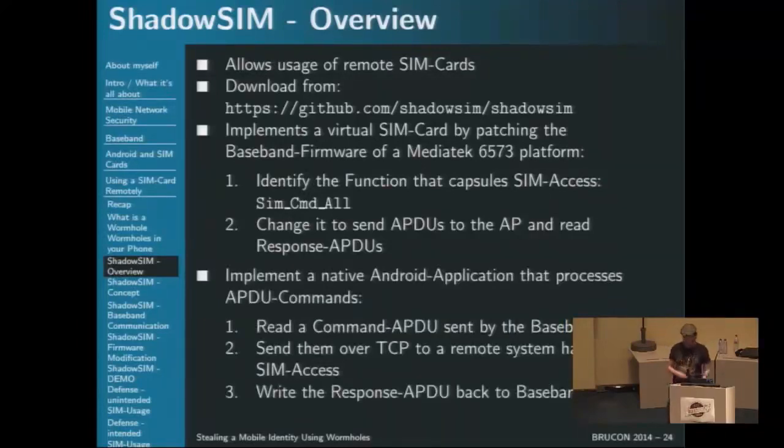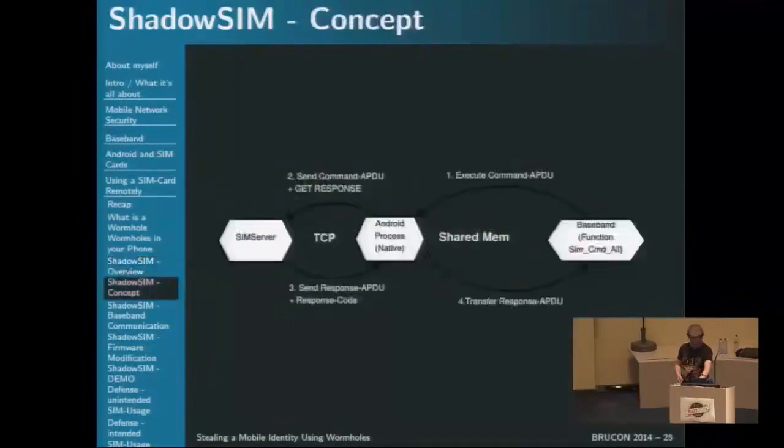The other part is a native Android application, and it will process the APDU commands that the baseband is sending. It will forward them over TCP to a remote system or to another phone, and it will write the response APDU back to the baseband.